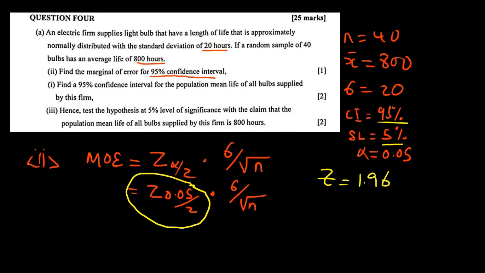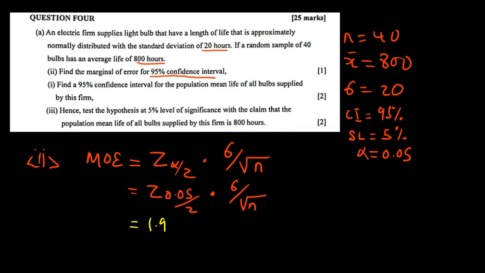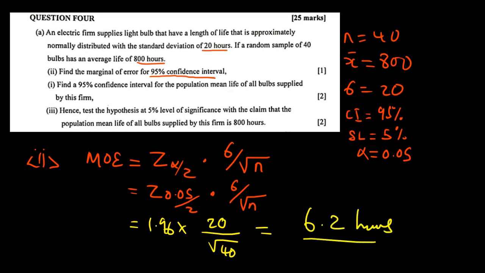So where there's z at 0.05 divided by 2, I'm going to put 1.96. Our margin of error will be 1.96 multiplied by the standard deviation, 20, divided by the root of 40. Punch this on your calculator and you get 6.2 hours. This is our margin of error.